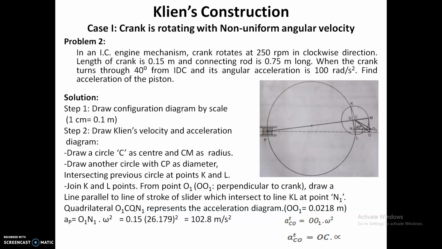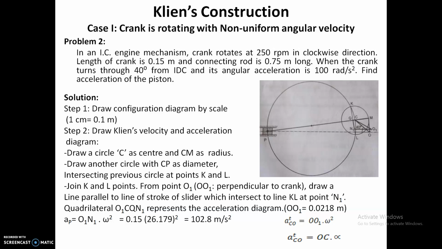When the crank turns through 40 degrees from IDC and when the angular acceleration is 100 rad per second square, the problem is asking for the unknown, that is the acceleration of slider. So only one unknown is there, that is the acceleration of piston.